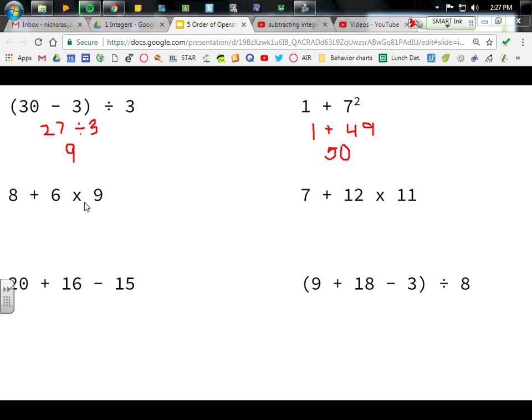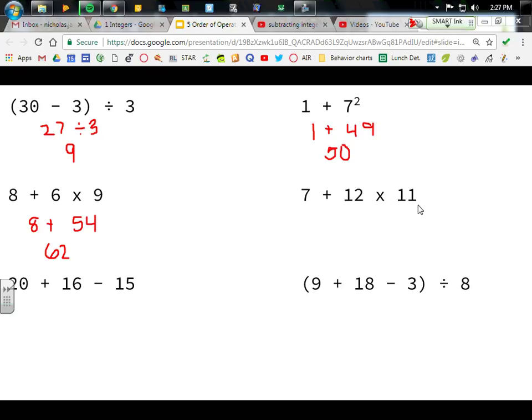All right, moving on down here, we've got 8 plus 6 times 9. So we have to do 6 times 9 first, which is 54. So our problem is now 8 plus 54, which is 62. All right. Moving on, over here we have 7 plus 12 times 11.